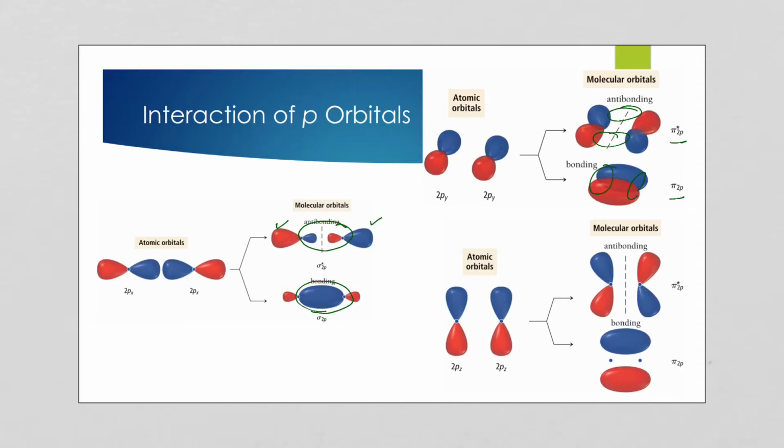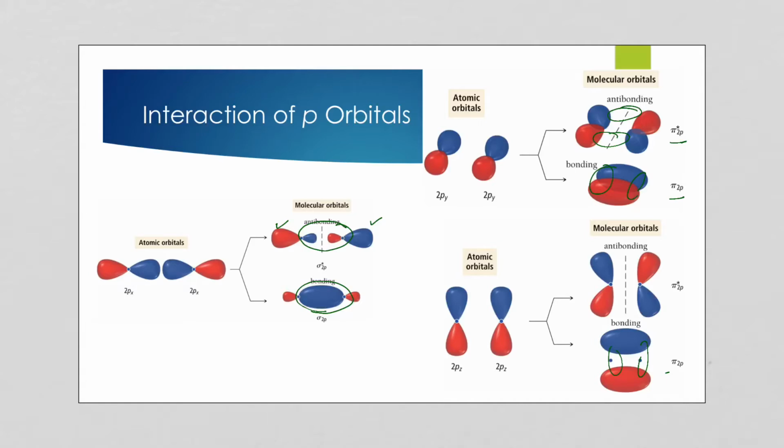But the idea is that we're seeing where there would be overlap here and here. You can see these are sort of spaced apart. We see a lack of bonding, and so we get another pi 2p and a second pi star 2p. So overall, we generate a pair of pi 2p orbitals and a pair of pi star 2p orbitals.